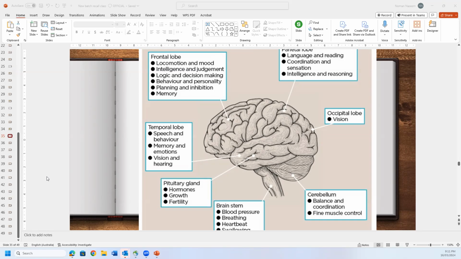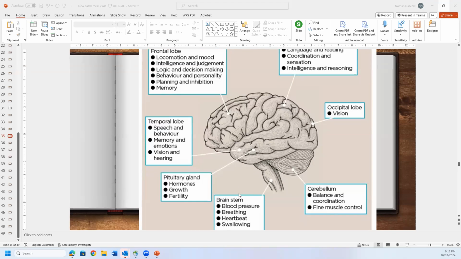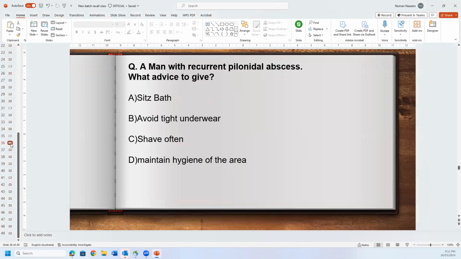Occipital: vision. Cerebellum: balance and coordination, and brainstem is associated with the vital signs like blood pressure, breathing, heartbeat, swallowing. So our lesion is in the parietal lobe. Clear, guys? Any questions? No. Okay.